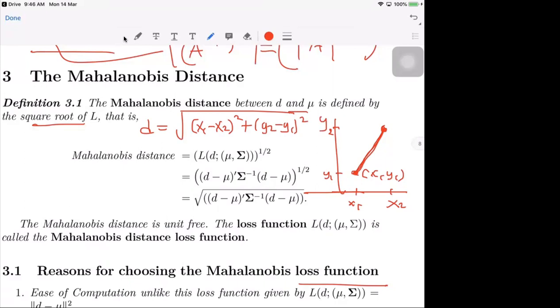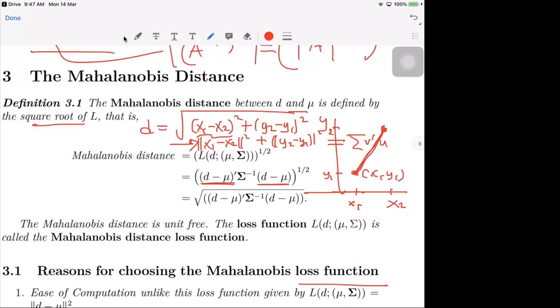Okay. So in terms of vectors, what is this? It's the squared norm of X1 minus X2, or if it is a vector, that is the difference prime times the difference, plus the squared norm of the Y difference. So if we change to vectors, in general it is the summation of V prime U. So you can see that D minus U prime times D minus U is the same thing.